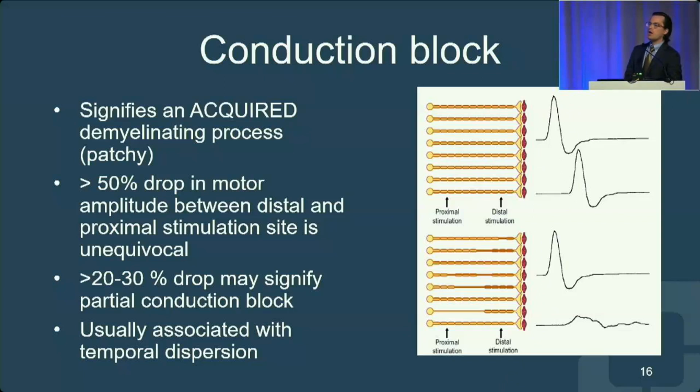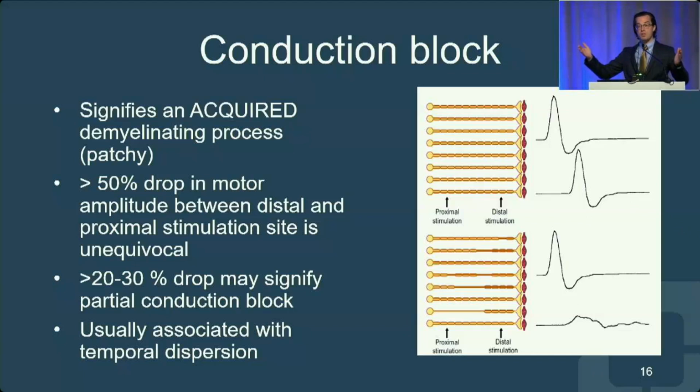If you have an acquired demyelinating process, though, that's causing patchy demyelination, some nerve fibers are demyelinated more than others, you're going to have a greater dispersion of conduction velocities. Some may be conducting relatively normal, some may be very slow. And now with these proximal stimulations, the response is going to arrive at the recording electrode at much different times.